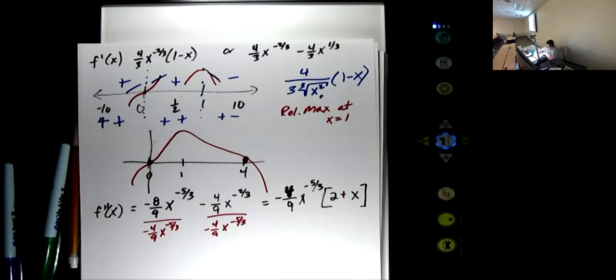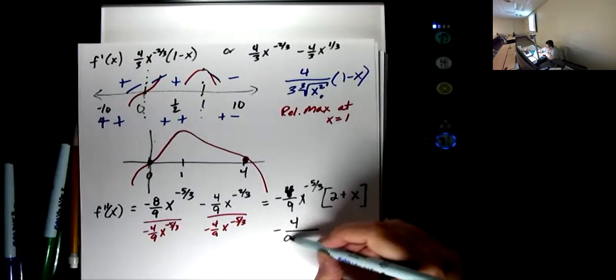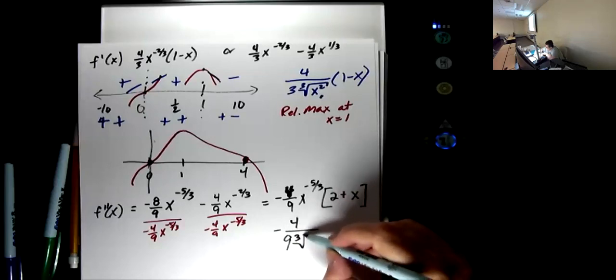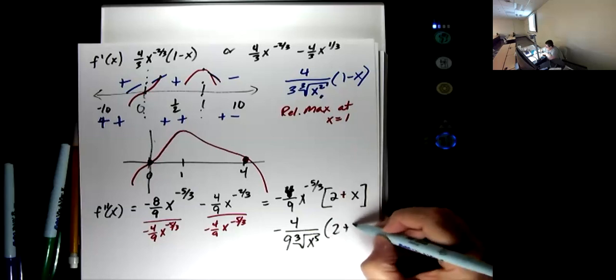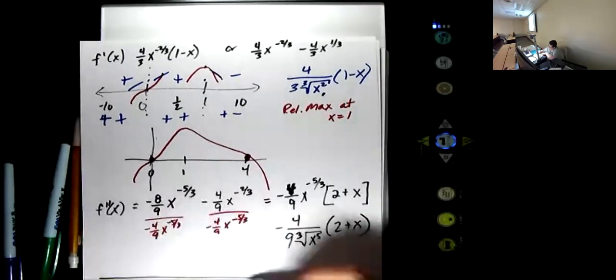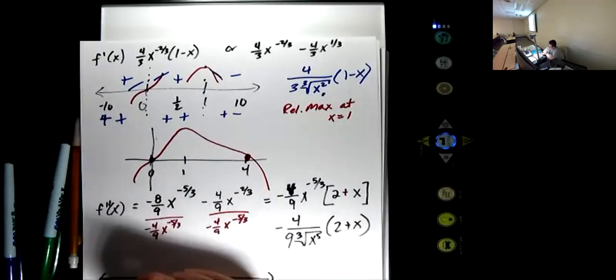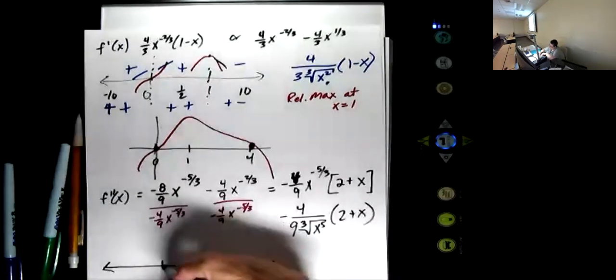All right, so this is -4/9 cube root of x to the 5th, 2 plus x. So our only 0, if we set this equal to 0, our only 0 is that -2.